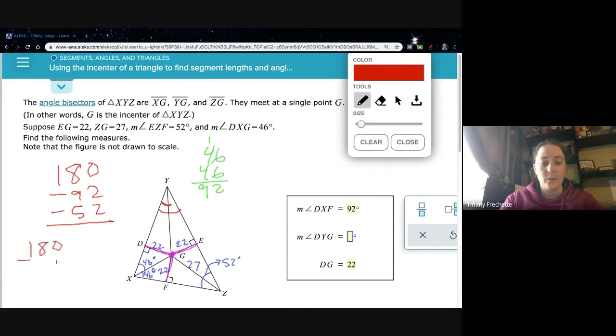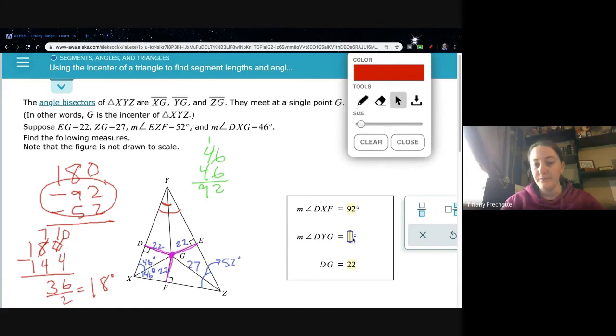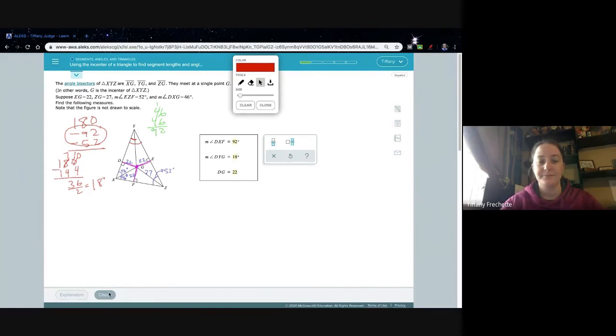So when I'm subtracting, I'm adding these two together and then subtracting it from 180. I get 36 degrees for the whole thing. In order to find the answer, all I have to do is divide by 2, and I get 18. Then I get to zoom out here and click check, and we're good.